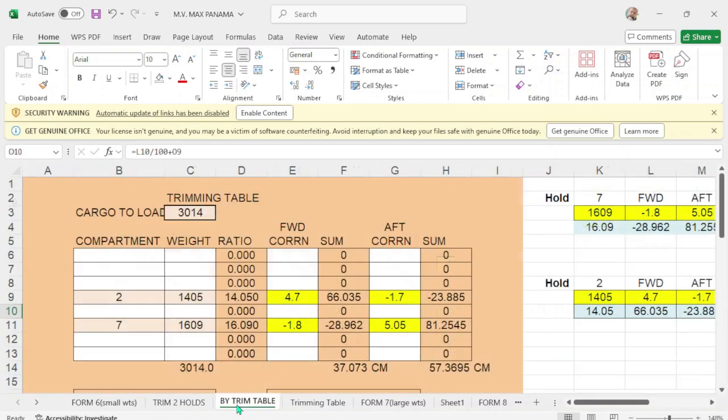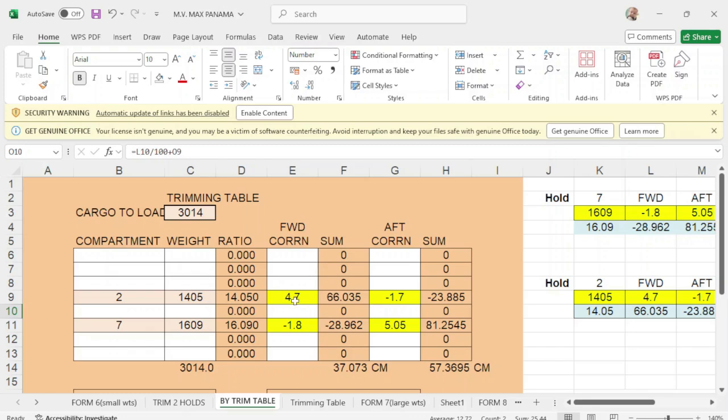Then we go now to the trim table. This is the third program. Your loading cargo is 3014, your trimming hold is 2, and your cargo weight to load in number 2 is 1609. Now in hold number 2, you put in the forward correction and aft correction.